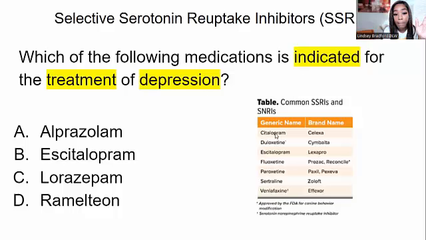The PRAM here looks like the PRAM here. So maybe some of the SSRIs are going to end in PRAM. Write that down. And then I see INE, INE, INE, INE.